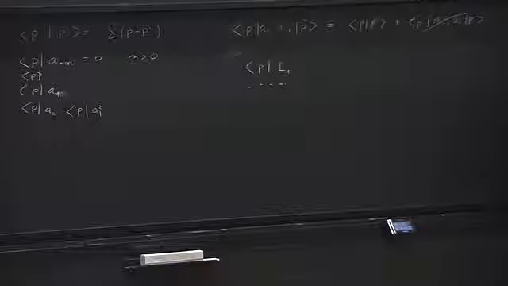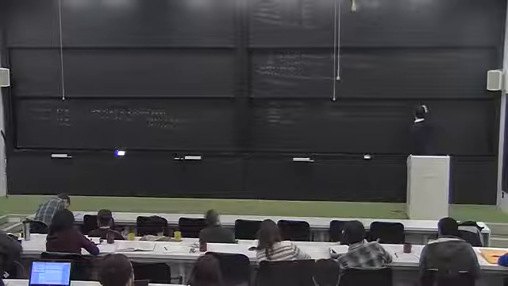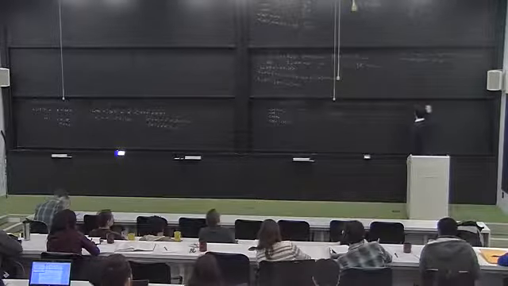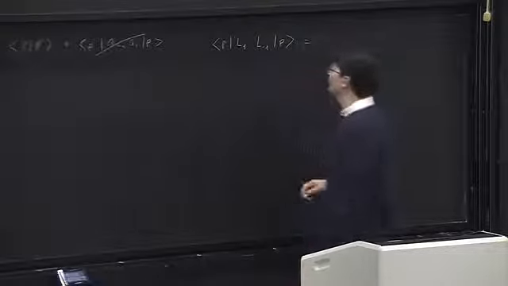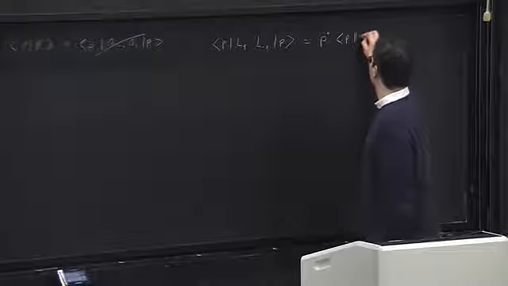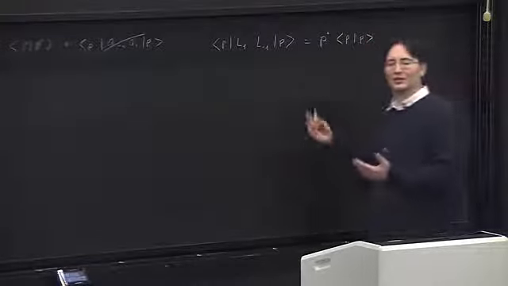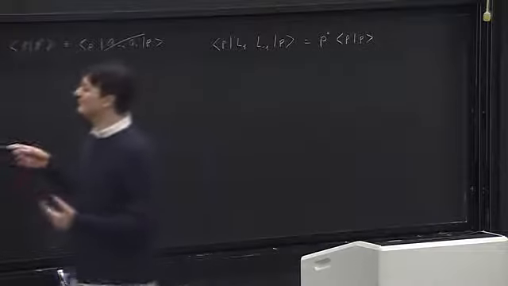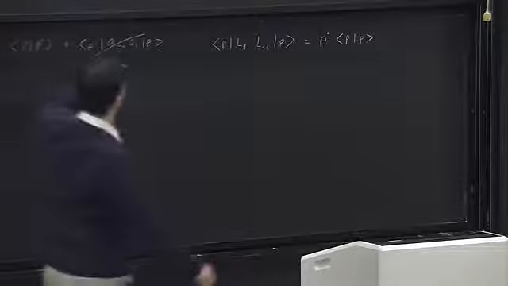For example, if you compute something like this, you get something like p squared. Well, that's OK. We knew that this state was going to be funny if p is equal to 0.